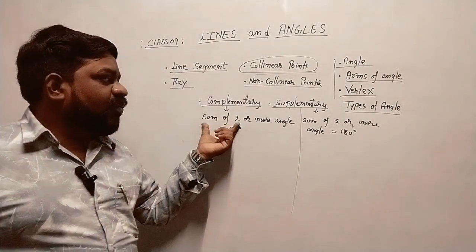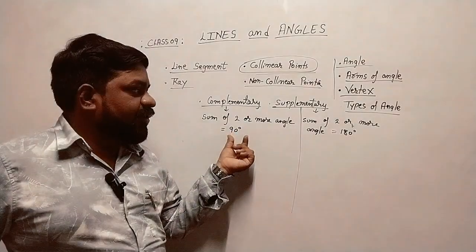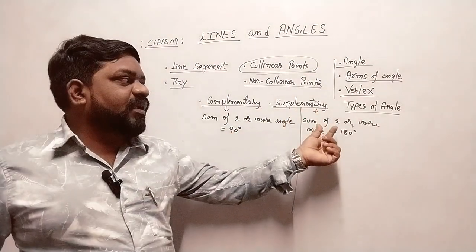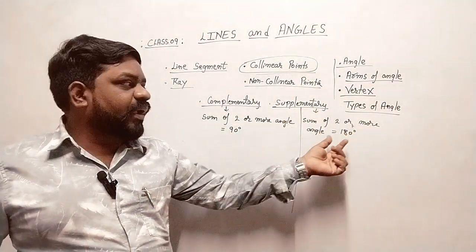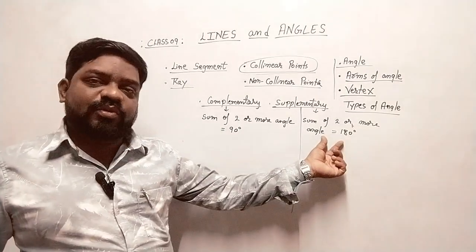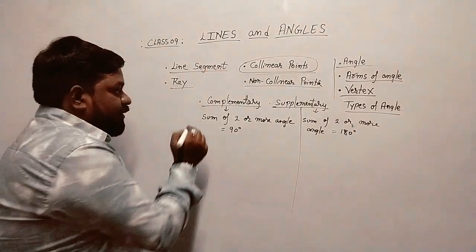Complementary means the sum of two or more angles should be equal to 90. Supplementary means the sum of two or more angles should be equal to 180 degrees.